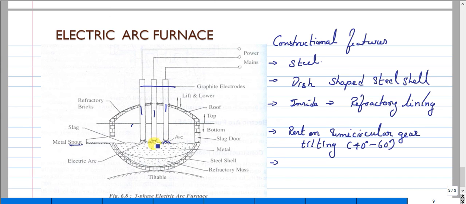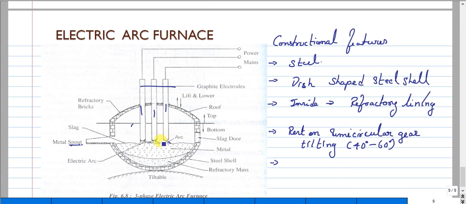And in general I could say a 2 to 3 mm distance, the standoff distance, will create an electric arc between the charge and the electrode. So the gap between the charge and the electrode will be maintained in such a way that an arc will be struck.